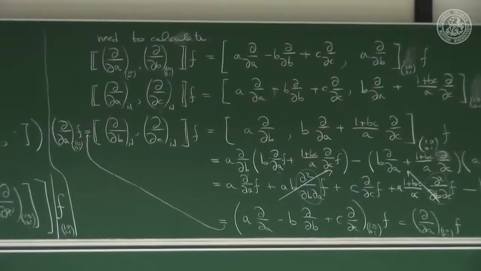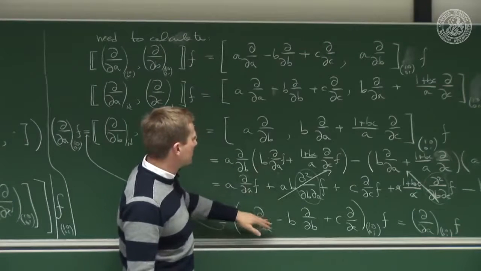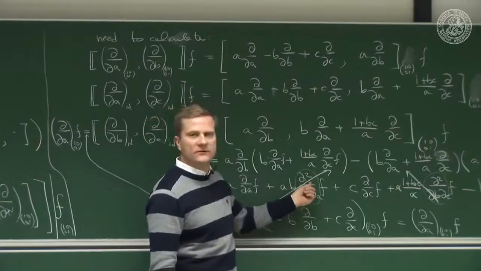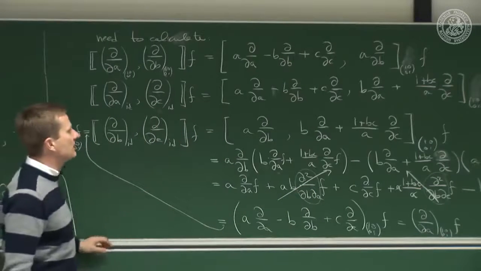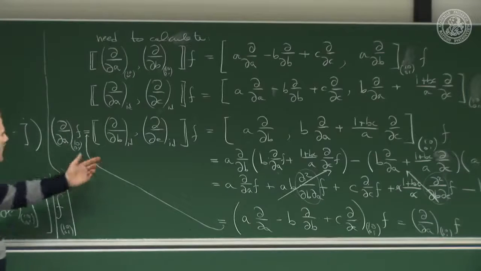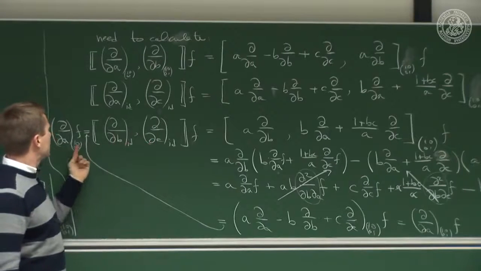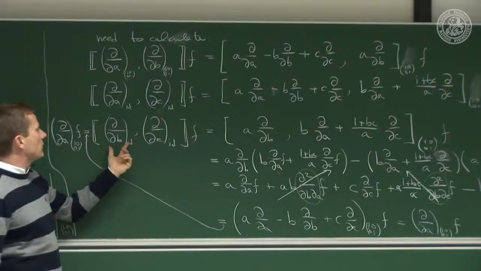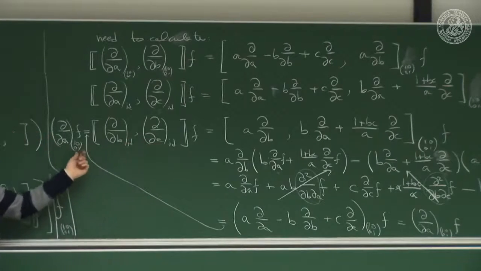So this is how this calculation works. And in evaluation of these two Lie brackets, we will now simply immediately drop the second derivative terms, because we know they will cancel, they must cancel, and that makes the calculation more transparent and a little bit simpler. But I also want to emphasize that we got here exactly what we wanted. We take the bracket between two elements of the tangent space at the identity, and we get a vector at the identity. Okay, that's what it is.